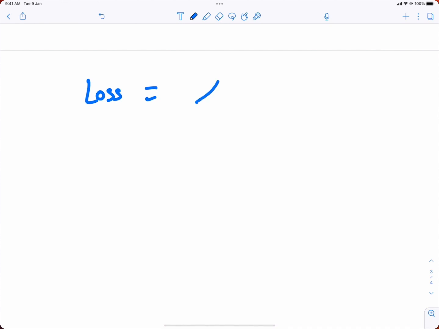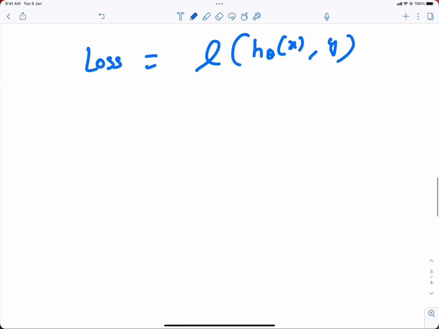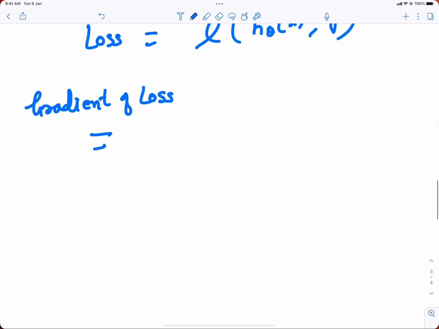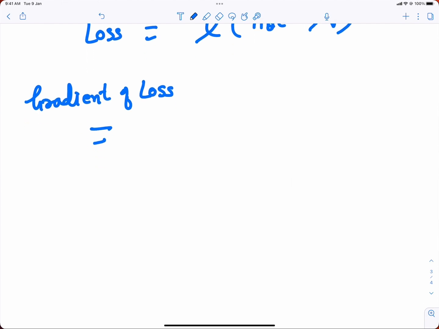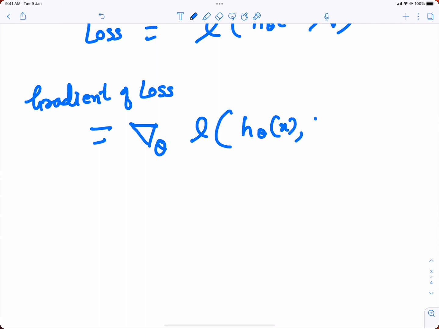Our loss is equal to L of h theta of x, y. This is the loss function, and the gradient of the loss, because we are taking the gradient with respect to theta, can be written as del theta of L of h theta of x and y.